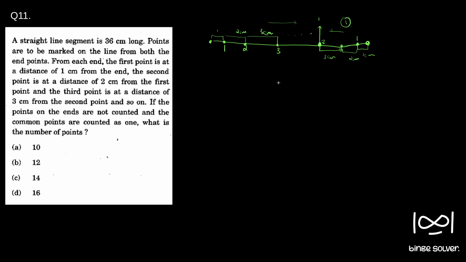That is the question. So instead of finding all the points using these distances apart, we will right away mark the distance from one end where each point is. Say the first point is at 0 centimeter, the starting point. The second point will be 1 centimeter apart, so we mark 1 centimeter.